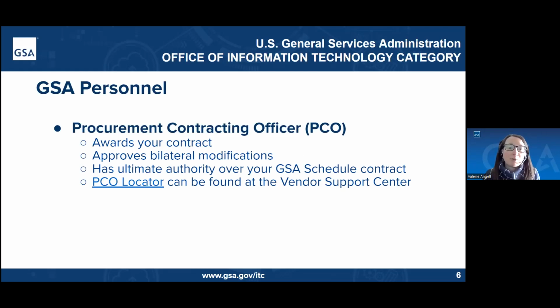The PCO approves most bilateral modifications, and this includes addition, deletion, and price changes for modifications. And the PCO has ultimate authority over the contract. If you're wondering who your PCO is, you can visit the Vendor Support Center, and they do have a PCO locator. If you go to the main homepage of the Vendor Support Center, just scroll all the way down and you can find it there.